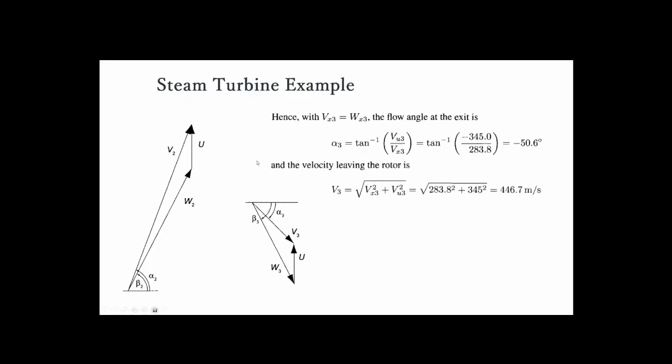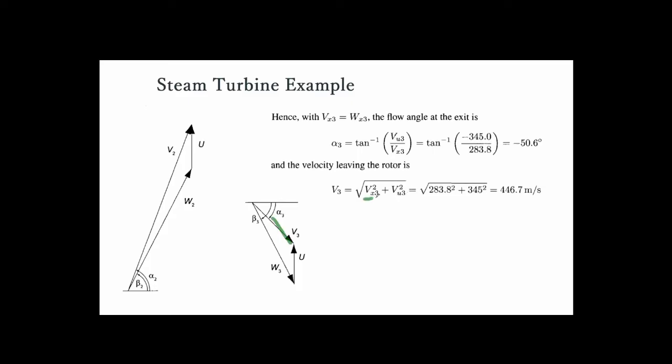And the velocity leaving the rotor, V3, we will get V3 equal square root of Vx3 squared plus Vu3 squared.